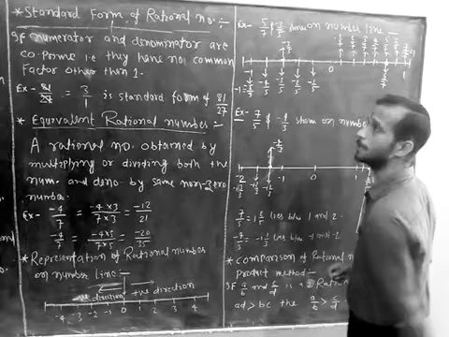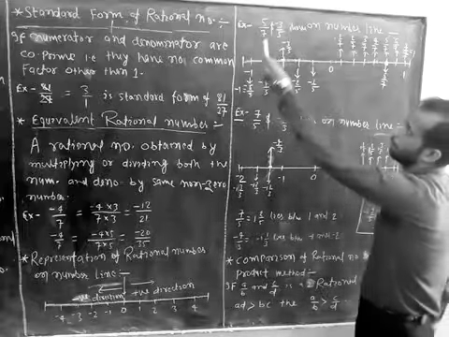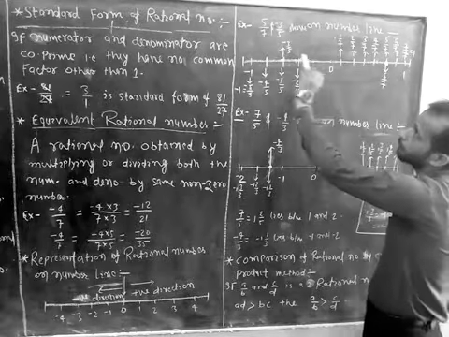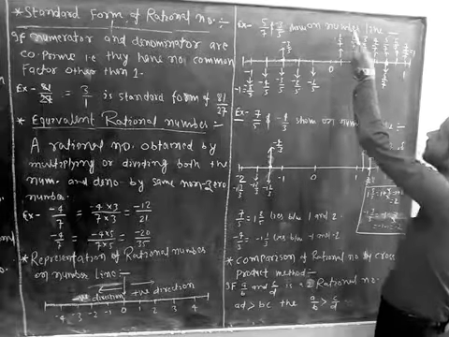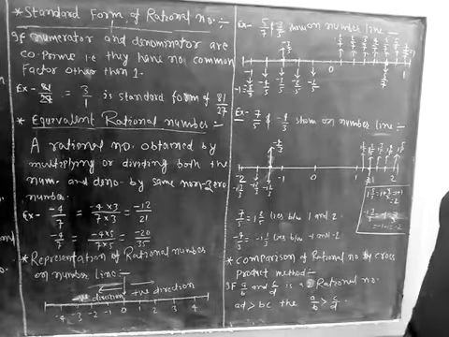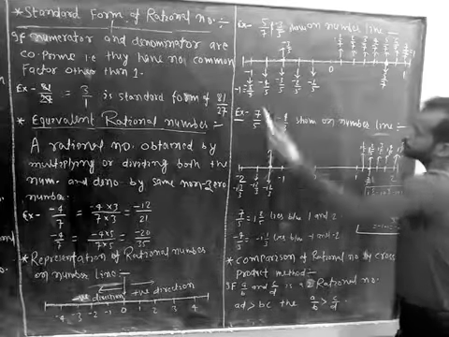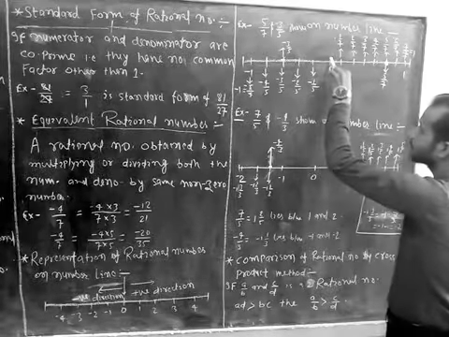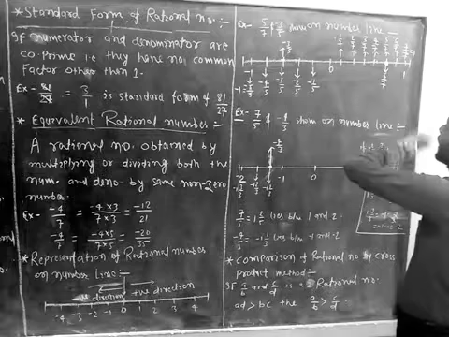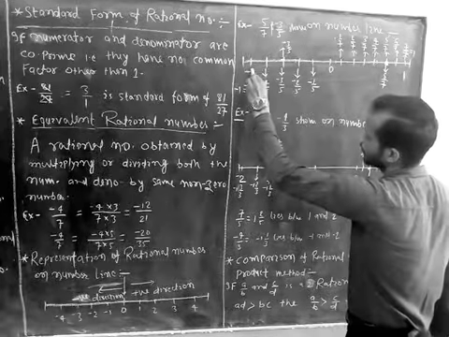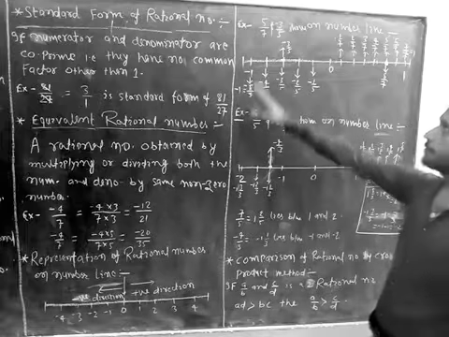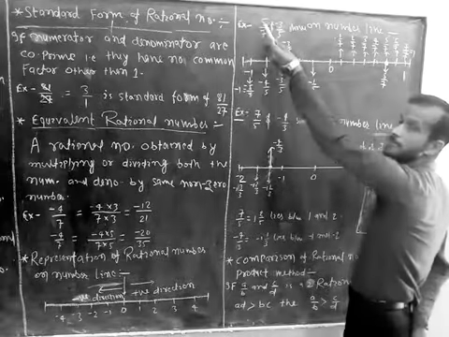Next, for example, 5 by 7 and minus 3 by 5 on the number line. Take one line, and mark this point 0, this point 1 and this point minus 1. First represent 5 by 7.